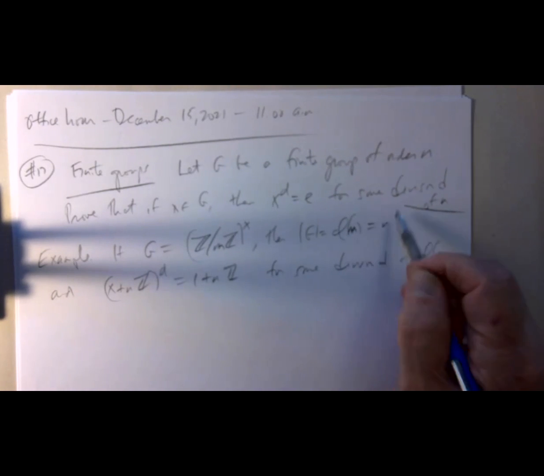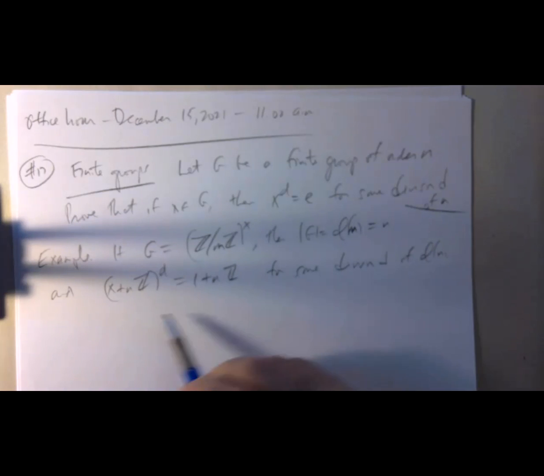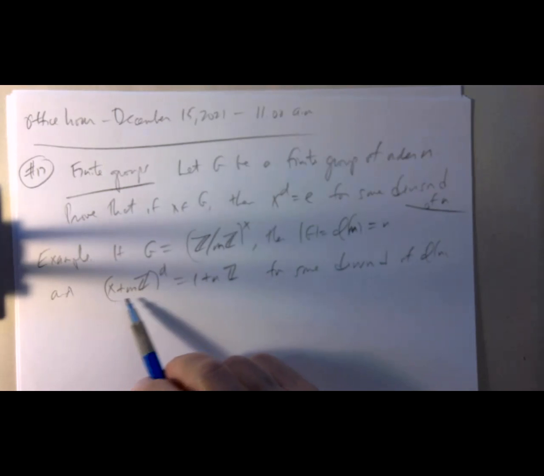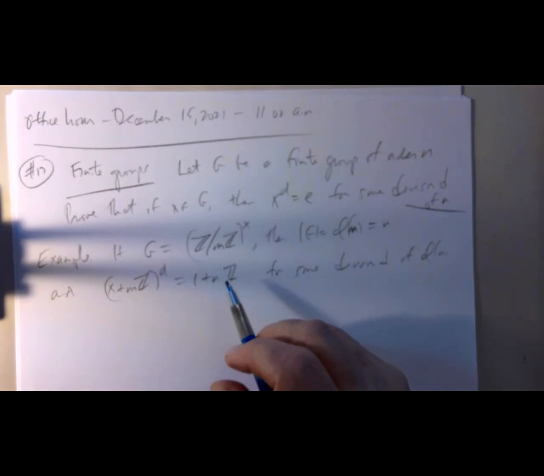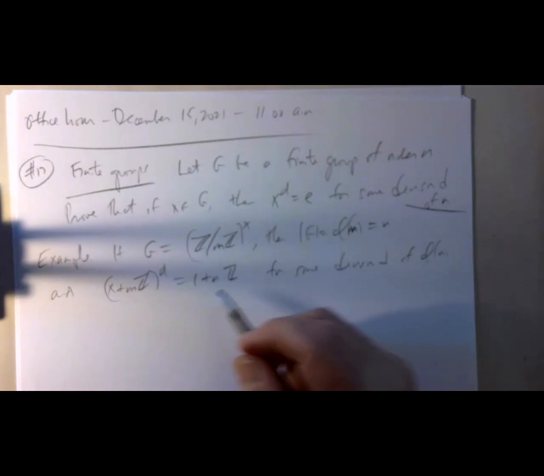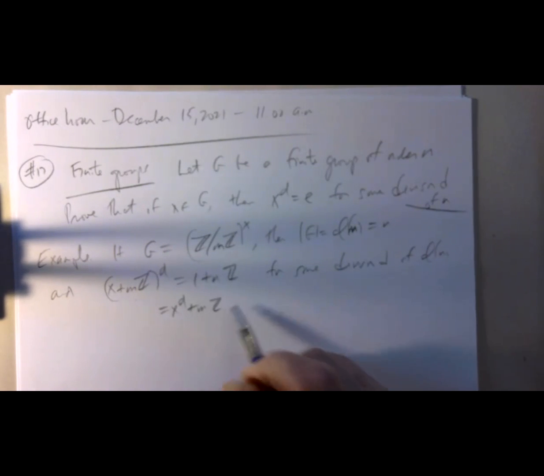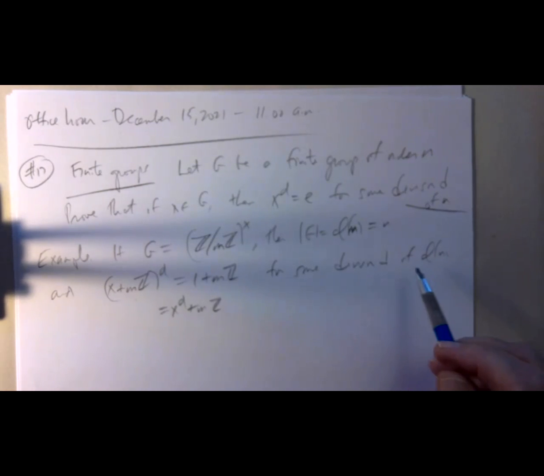So this is like the n for the order of the group. So the congruence class x plus mZ to the power d, which is x to the d plus mZ, is 1 plus mZ for some divisor d of the order of the group. So we use this fact in number theory all the time.